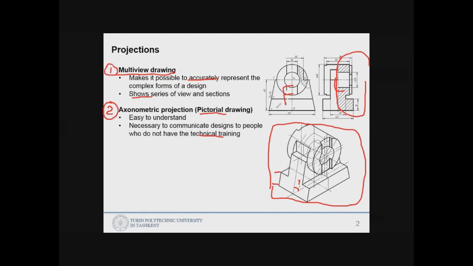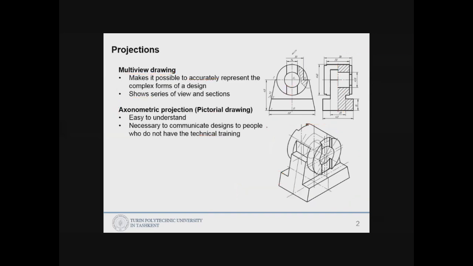But normal common people cannot understand it well. So that's why we're using axonometric projection. This one is easy to understand, but difficult to draw. So this is the main difference of these projection types.